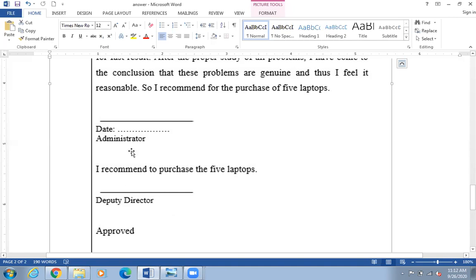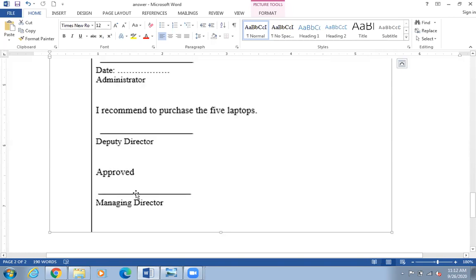Okay, so that is the lower level staff, the middle level staff. Once it has gone to the middle level staff, what happens next? The letter will go to the upper level. Okay, the managing director will approve this letter and buy the computer, because the managing director is the one who gives the finance. The money comes from him.